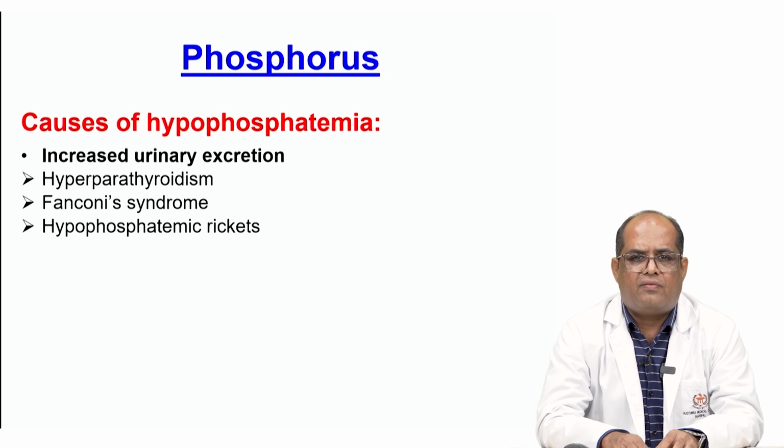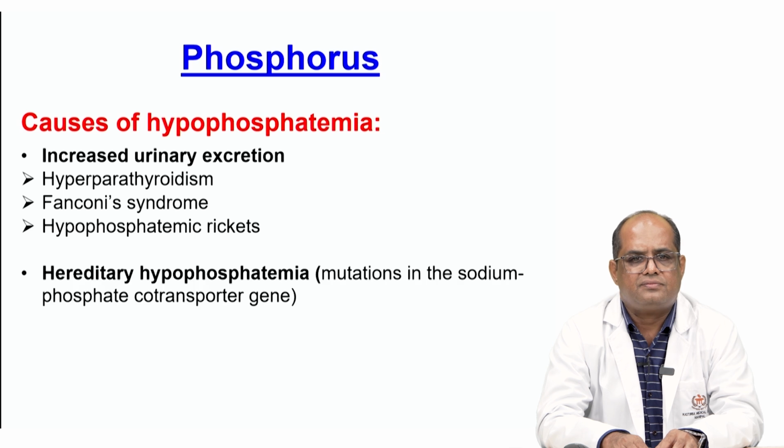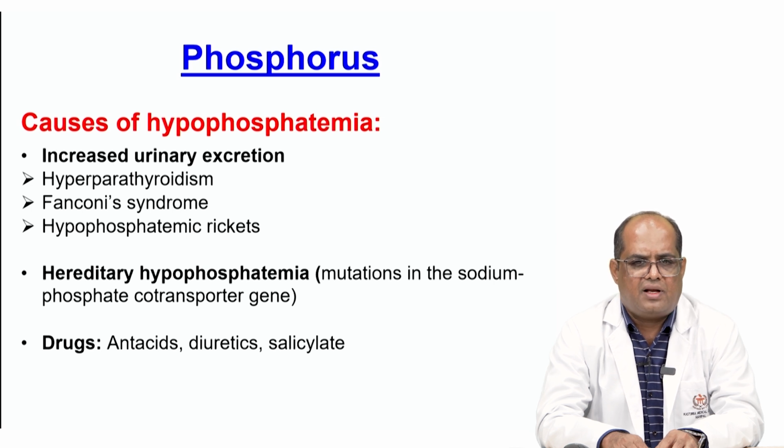In case of Fanconi syndrome, there is decreased absorption, and hypophosphatemic rickets also causes hypophosphatemia. In hereditary hypophosphatemia, there is a mutation in the sodium phosphate co-transporter gene. Drugs like antacids, diuretics and salicylates interfere with the absorption in the intestine and also increase the excretion in the urine, leading to hypophosphatemia.